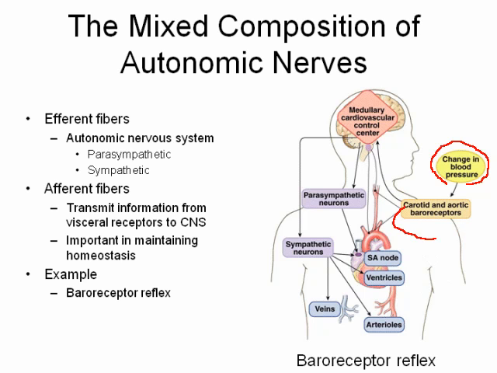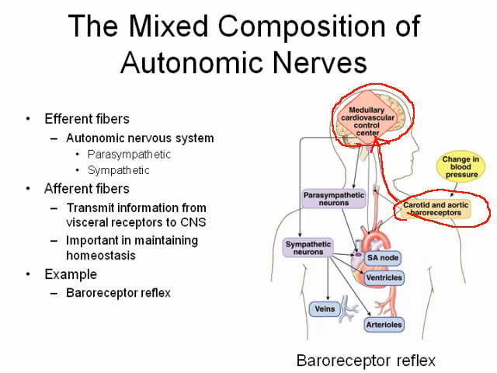So when there's a change in blood pressure, it's going to activate these neurons. If blood pressure goes down, it will activate them; if blood pressure goes up, of course, it will not. So we have our afferent fibers coming from the carotid and aortic baroreceptors going up into our integrating center. Labeled here is the medullary cardiovascular control center because it's specific for cardiovascular control, and it's in the medulla oblongata.